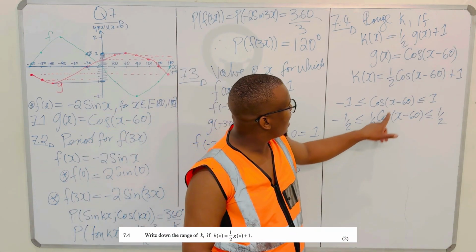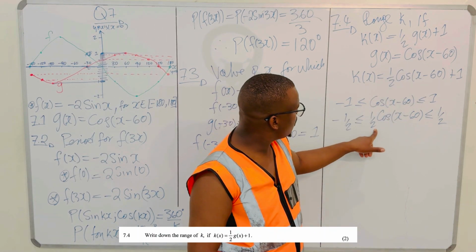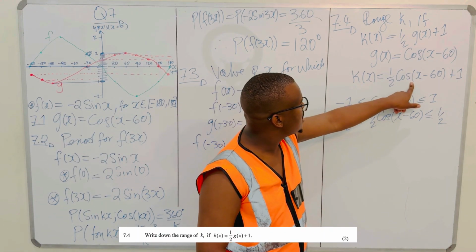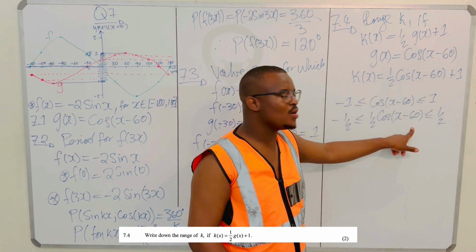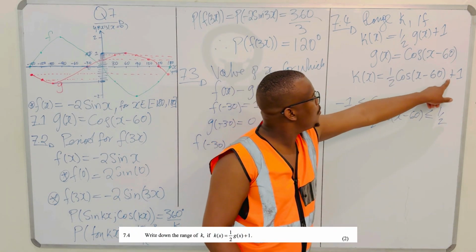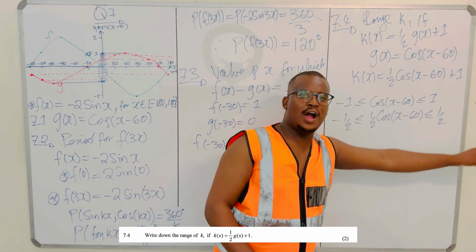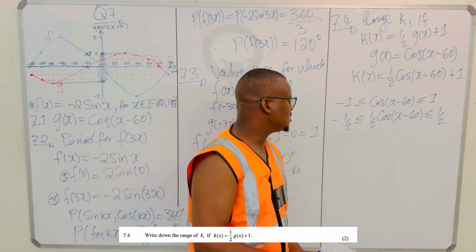Now, you look at this and that. What is the difference? You have a half, here's your half, you have a cos, here's your cos, but you have a 1 there, which is what you are missing here. So to get that plus 1, you must add 1 all across the whole thing, right?